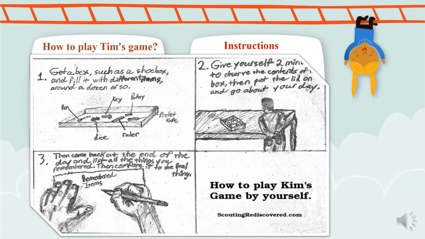Then the second object was a key. That key had a red color, for example. Those details are going to be important because we are going to test our memory or the memory of our students. And that's basically how we can play it.